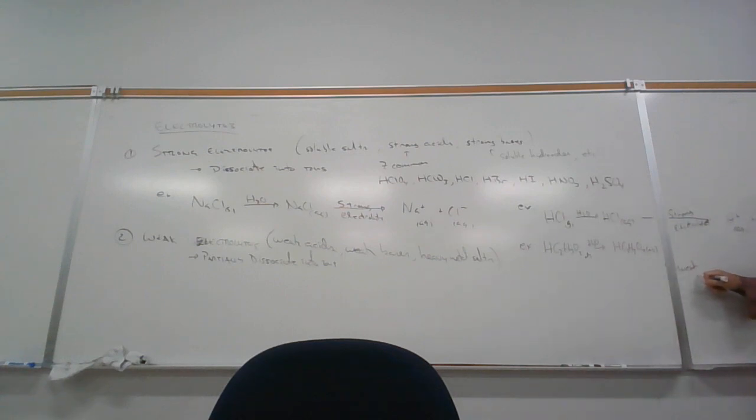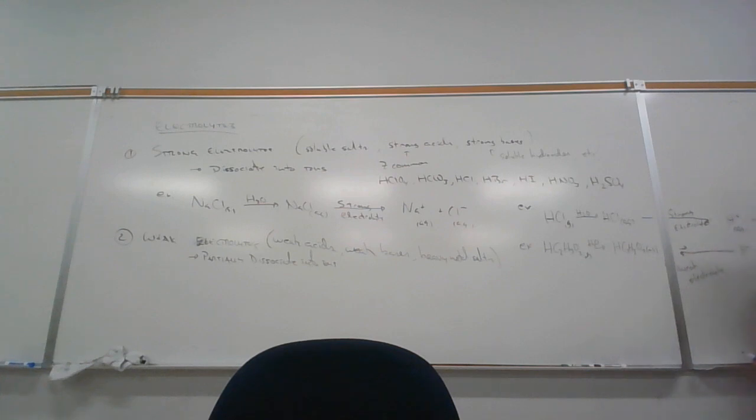What a weak electrolyte means is that some of it will dissociate like this. I draw two arrows, a small arrow going forward and a large arrow going backwards, and it dissociates into H plus and acetate. Whereas a strong acid completely dissociates, a weak acid partially dissociates.